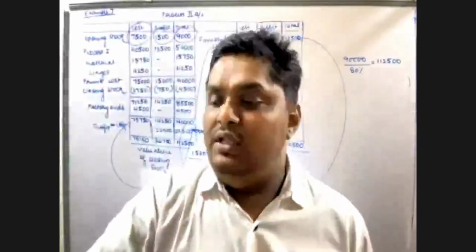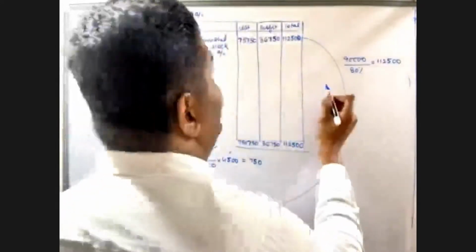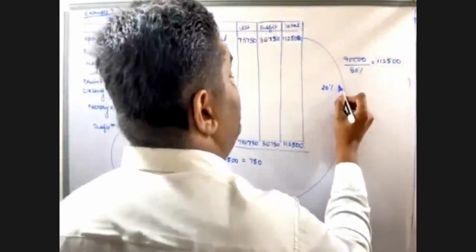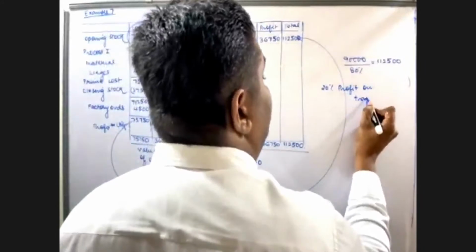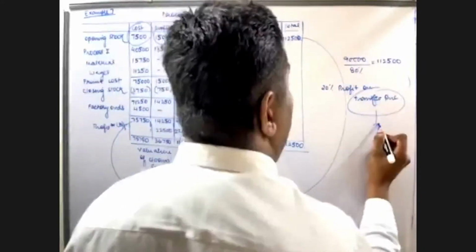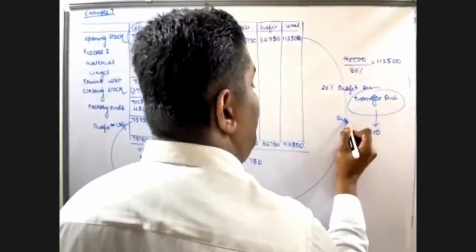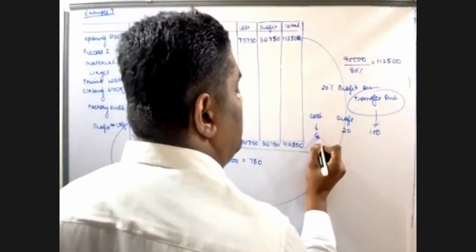It is given in the question, Diksha Agarwal, that the output of process second is to be transferred to finished goods at 20% profit on transfer price. So let's say my transfer price is 100, my profit is 20, and my cost is 80.